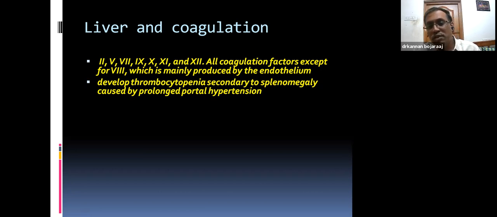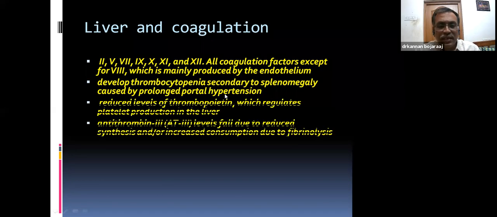It is a cofactor for the activation of factors 2, 7, 9, 10. And thrombocytopenia will develop if there is any liver problem, secondary to splenomegaly, because so many of the platelets are sequestrated by the spleen by means of portal hypertension.